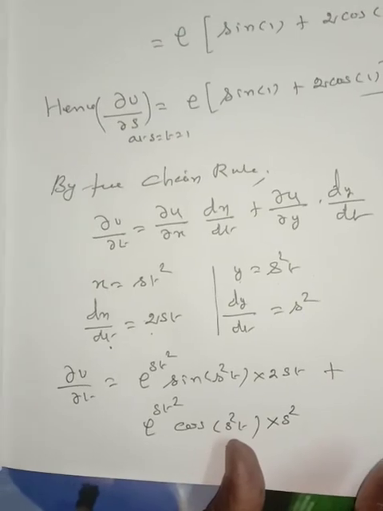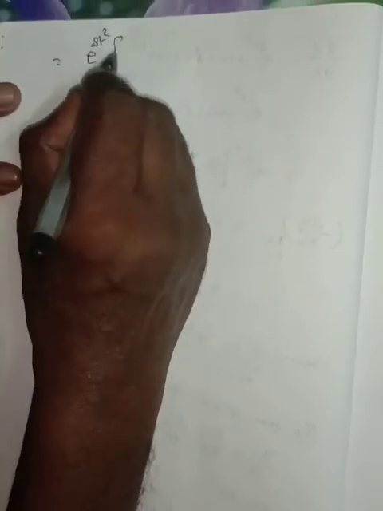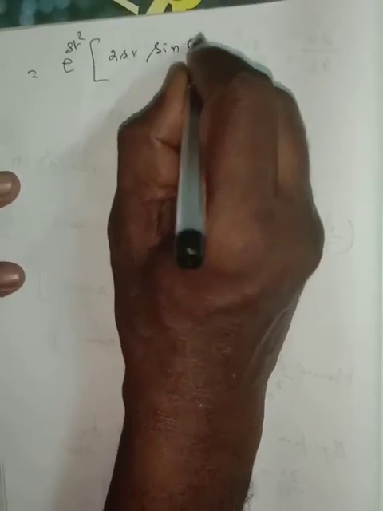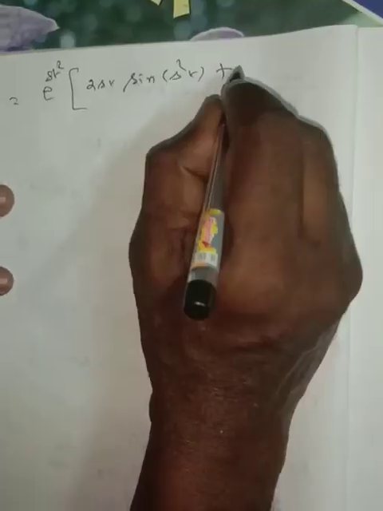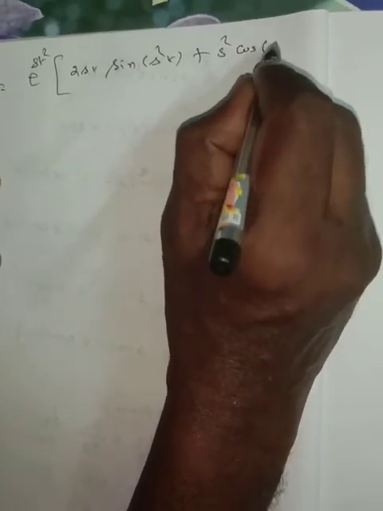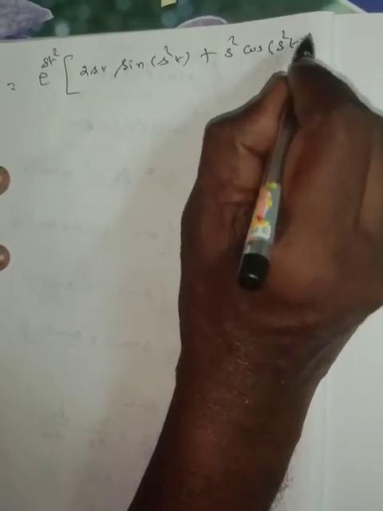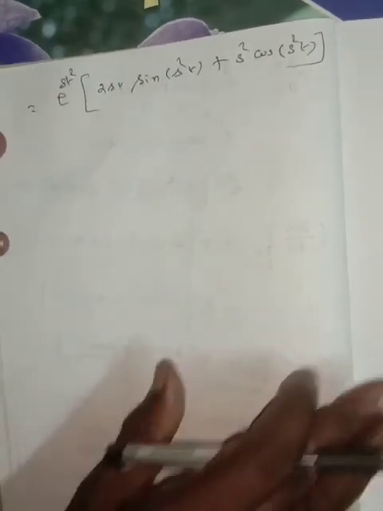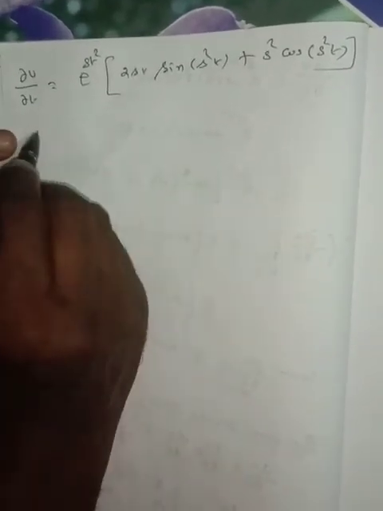Taking e to the power of s t square common, it is e to the power of s t square into bracket sin of s square t into 2st plus s square into cos of s square t. This is dou u by dou t.